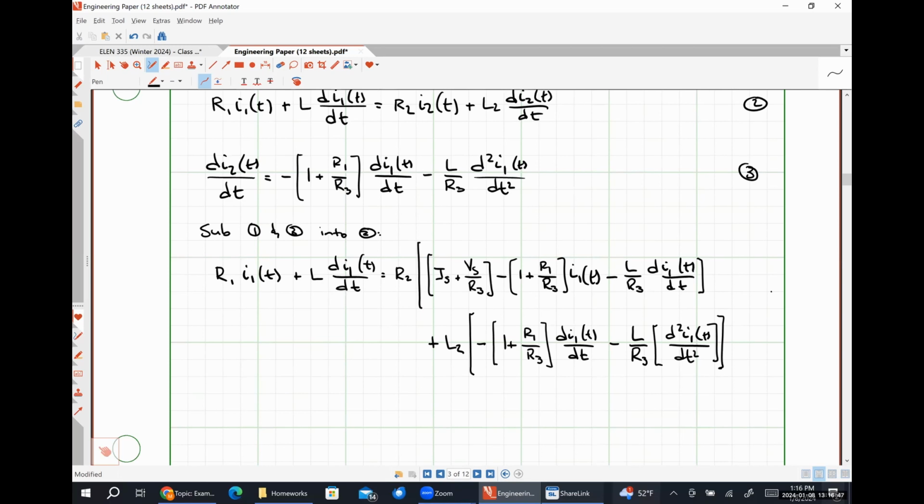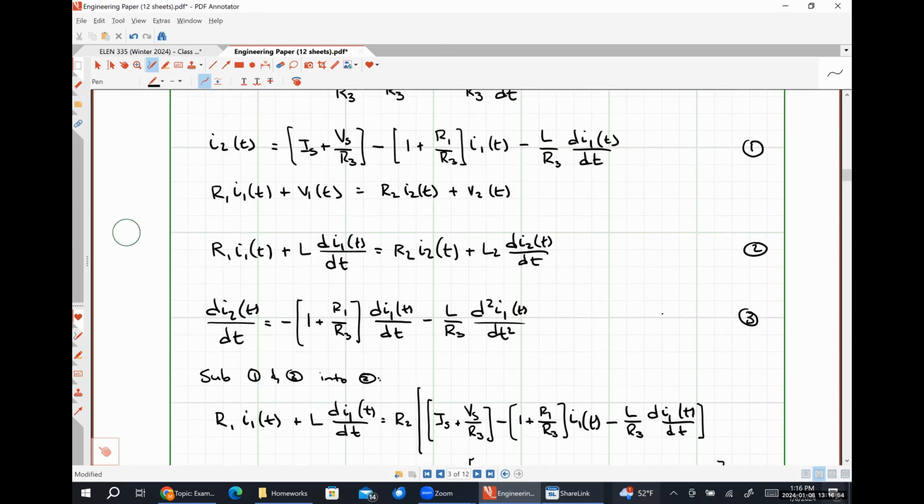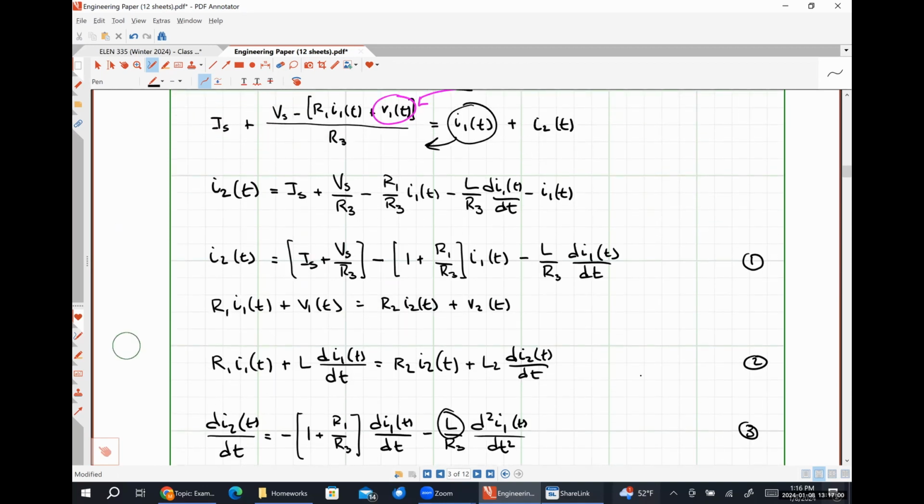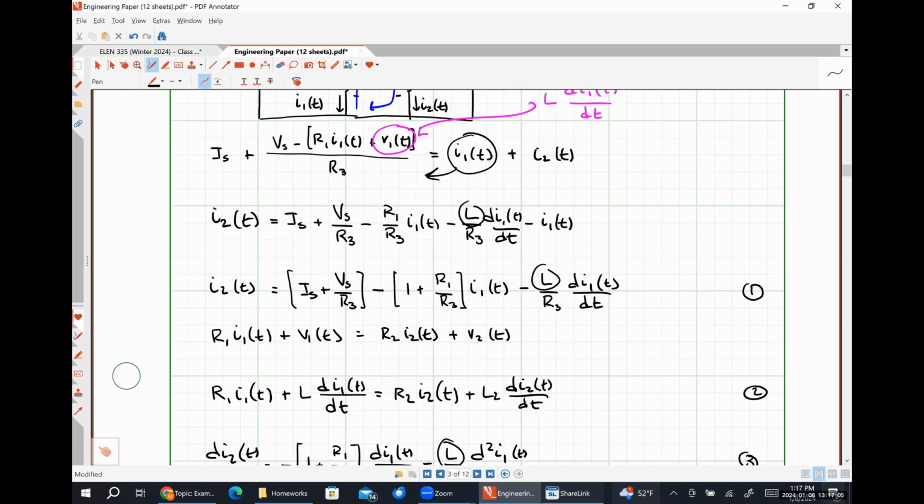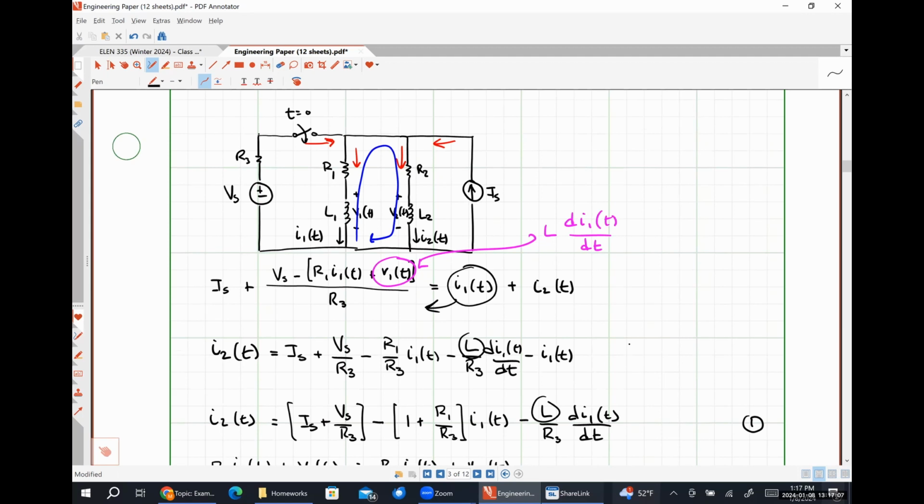All right, so, sorry. Hold on, let me think about things here, because I just have a random L here and I don't remember if it's L1 or L2, so we need to sort that out. And I did the same thing here and here. So this one's definitely L1, which means this one's definitely L1.